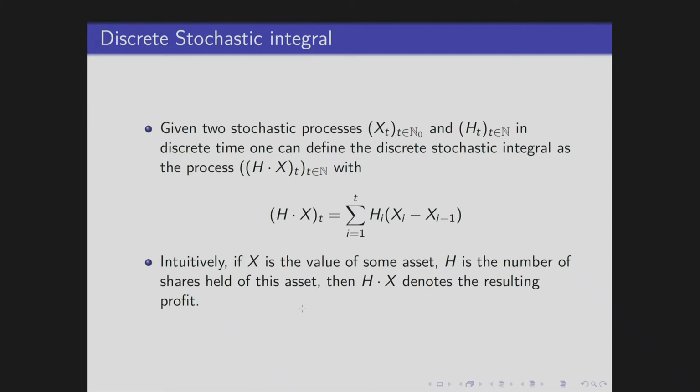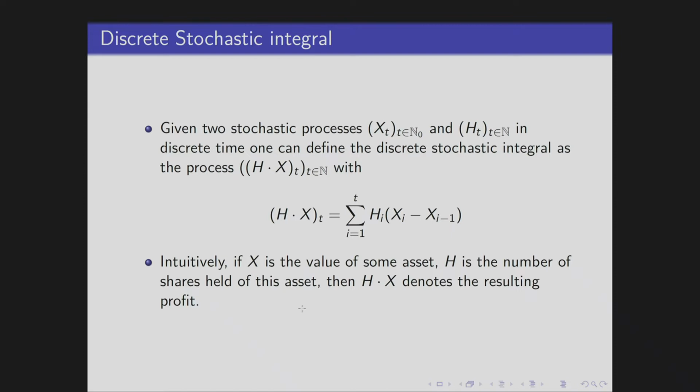This is something that goes up randomly. And ht is another process, and this will denote how much of the process we own, or how many shares of a stock we have right now.